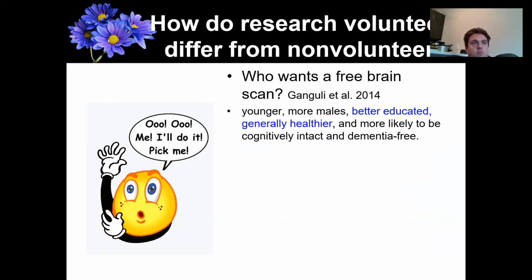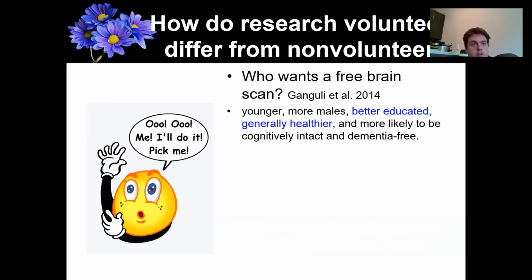Let's say I wanted to run a study getting opinions about healthcare. Who's going to volunteer to do that kind of study? Probably people who have strong opinions about healthcare, right? And it could be either way, whatever their opinion of it is, the bottom line is they might have a strong opinion. Maybe that's not representative of a broader population that feels more neutral towards some healthcare issue, whatever that might be.